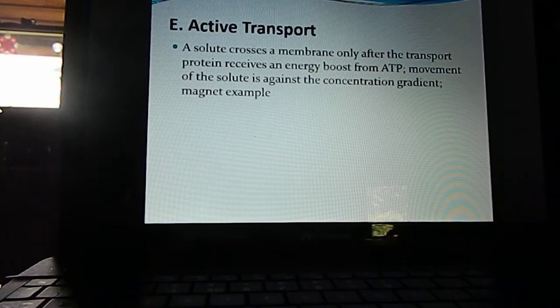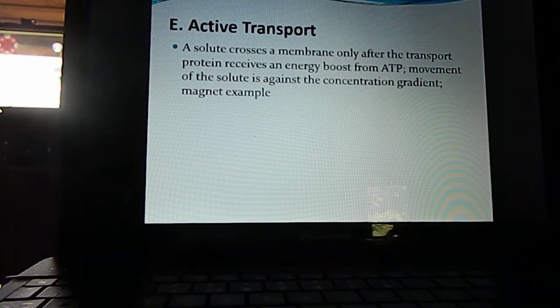It's going to use them, so a concentration gradient exists, but instead of the molecules moving from an area of high concentration to an area of low concentration, the cell moves molecules against their concentration gradient from an area of low concentration into an area of high concentration.